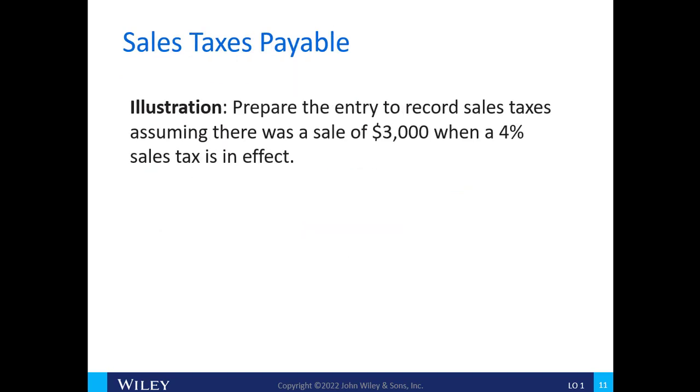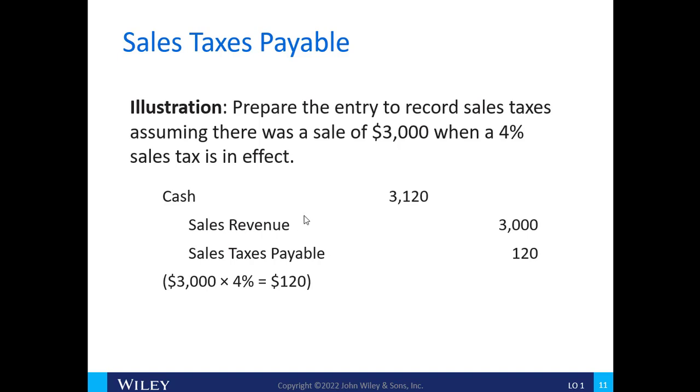The way sales tax works is that we multiply it as a percentage to the sale, and so the cash that the retailer collects is the amount for the revenue on the product plus the sales taxes, so in this case 4%, and the entire amount of cash they collect is $3,120, but they owe $120. That's not their money. They owe $120 to the taxing authority.